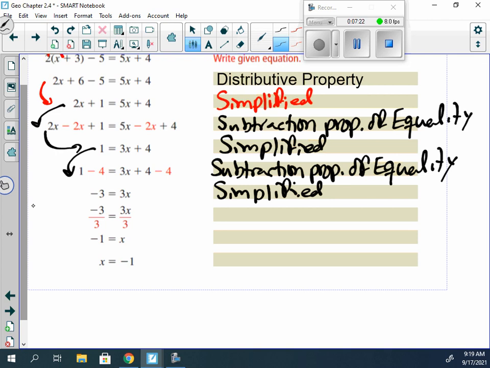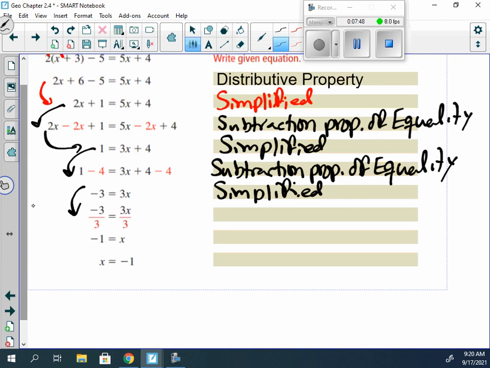So for those of you who are out just for a little bit there, we'll pick up on the next one because it'll be the exact same thing. So we're at the point where it says -3 is equal to 3x. Well, if I want to get x by itself, the next thing we would do is divide both sides by 3, yes?